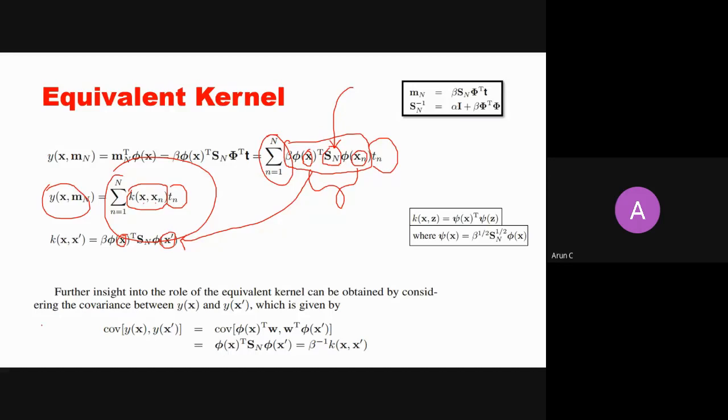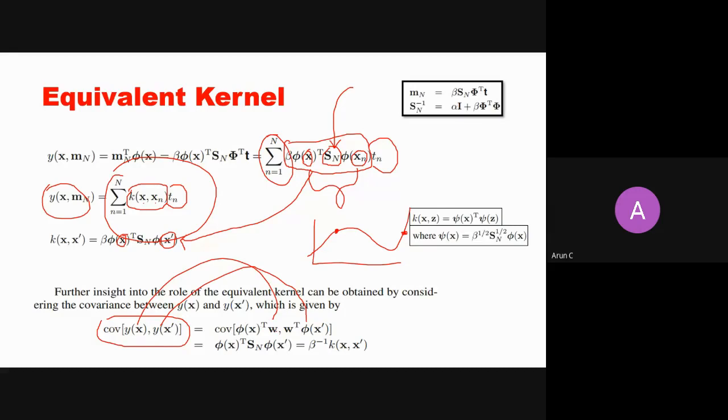So here the second term is if you want to see how your output covaries with the other output. For example, this was a curve. If you want to see how this y covaries with this y, how it changes, then if you find the covariance, y can be written as x transpose w, and this can also be written as x transpose w or w transpose x, the same thing.